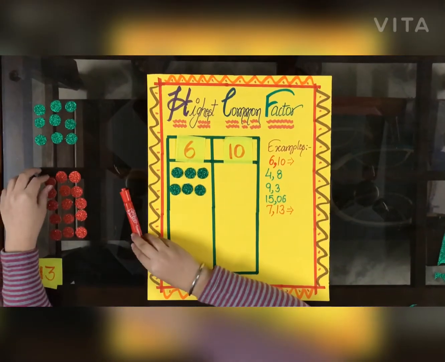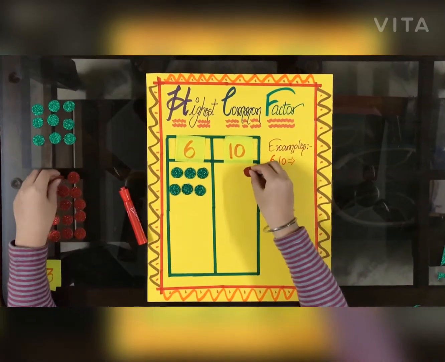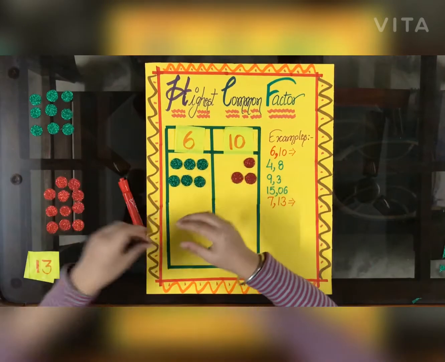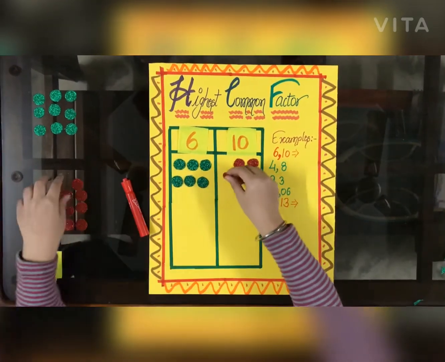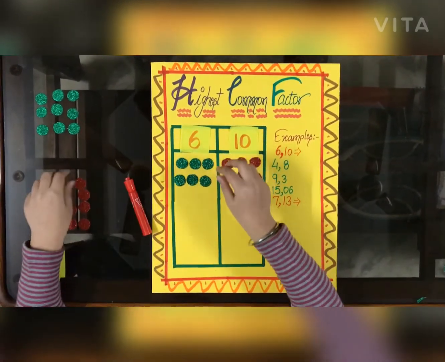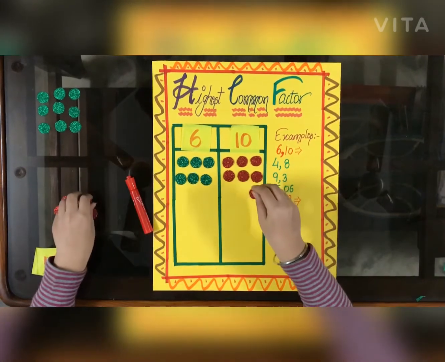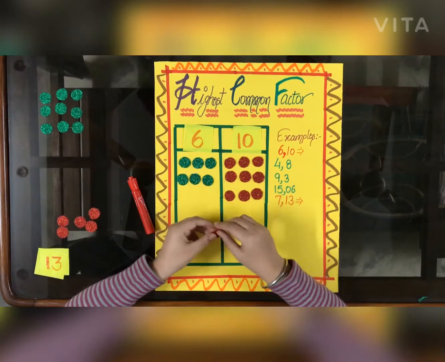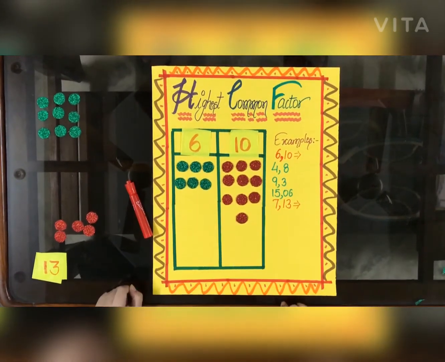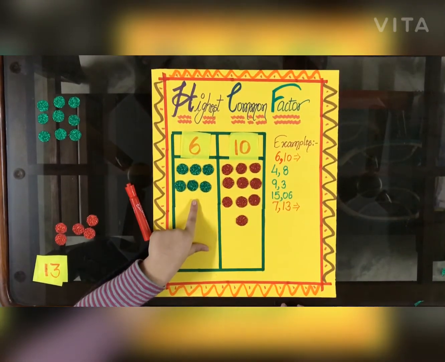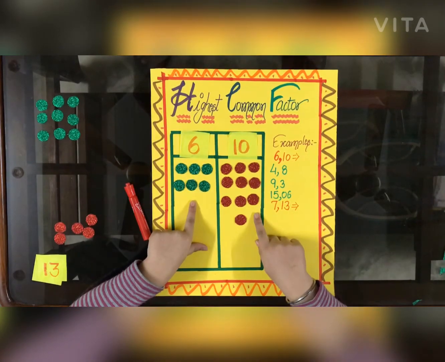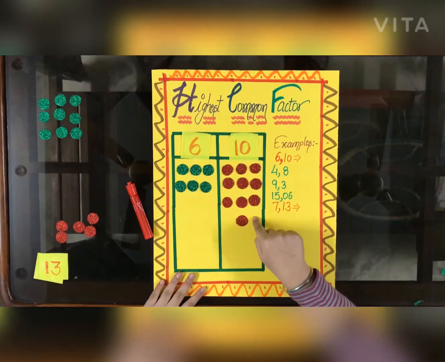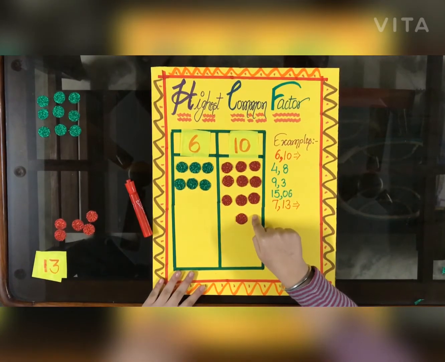And we will take 10 coins from the red foam sheet. 1, 2, 3, 4, 5, 6, 7, 8, 9 and the last one, that is 10. So now there are 6 on this side and 10 on this side. So there are 4 extra coins in the side of number 10.